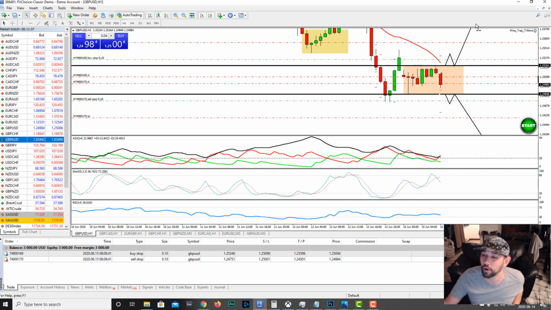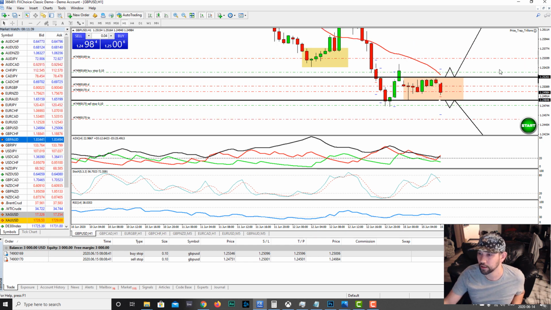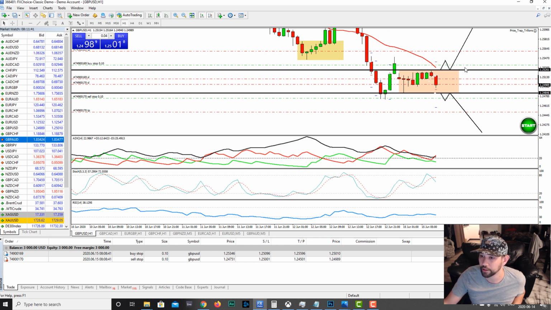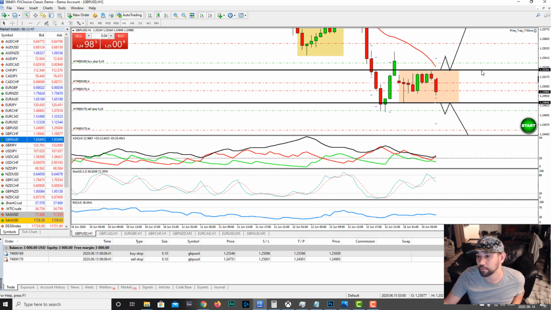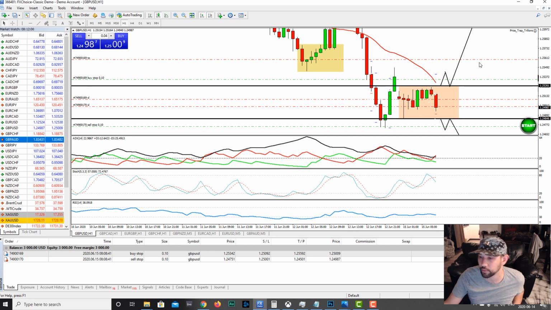Where I truly want it to be is I want my buy stop to be around 7 or 8 pips above my resistance line, above my trap. The reason for that is I want to consider the spread, and I also want to make double sure that it's really kind of going in this direction.